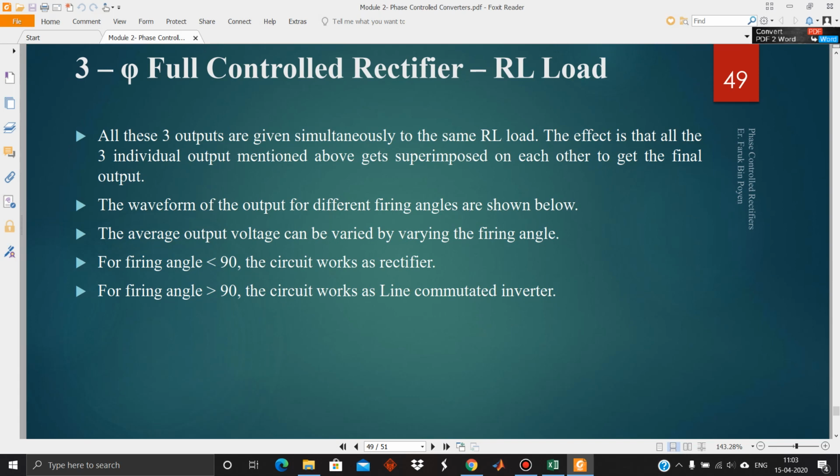So if we study the characteristics, all the 3 outputs are given simultaneously to the same RL load. The effect is that all the 3 individual outputs mentioned get superimposed on each other to get the final output. Each of the rectified voltages we are getting at the output will be superimposed with the outputs of each of the phases.